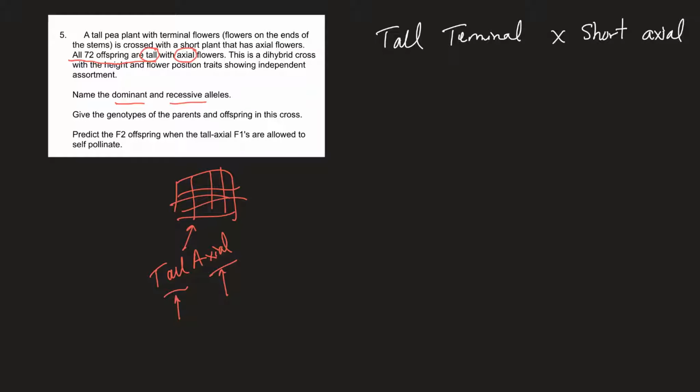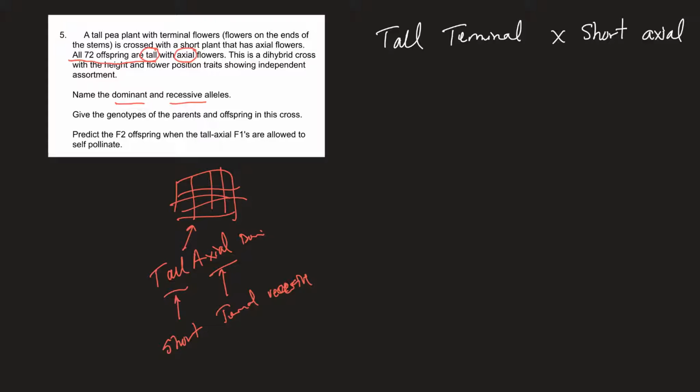So tall has to be dominant, and short would be recessive. And for flowers, axial will be dominant, and terminal will be recessive. Okay, so now I just have to figure out what the parents are going to be.